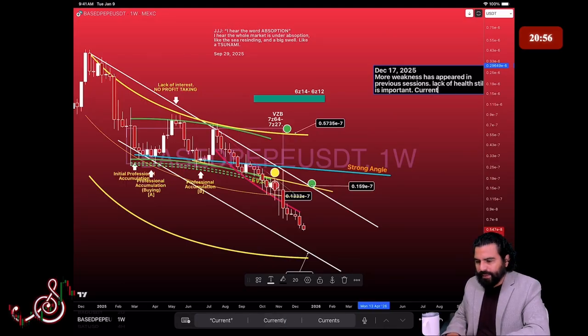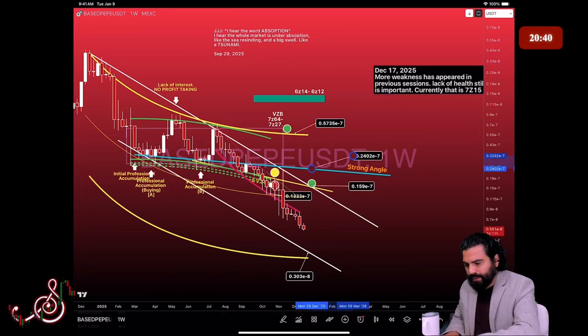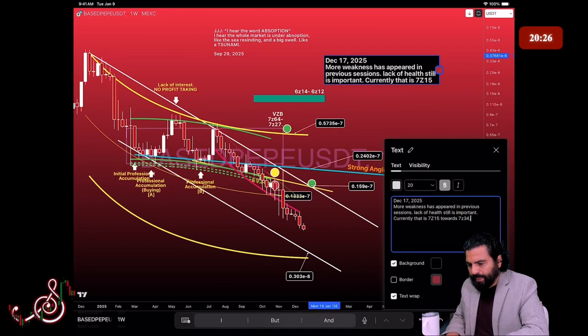Currently, that is 0.7015 towards 0.7024, then 0.7024 towards 0.7057. 0.7057 is the strong, important health as discussed today.